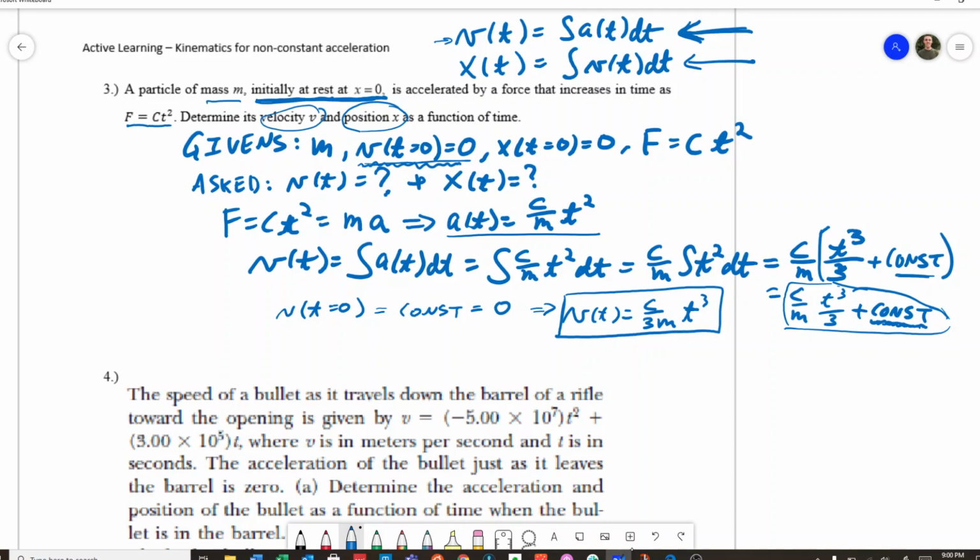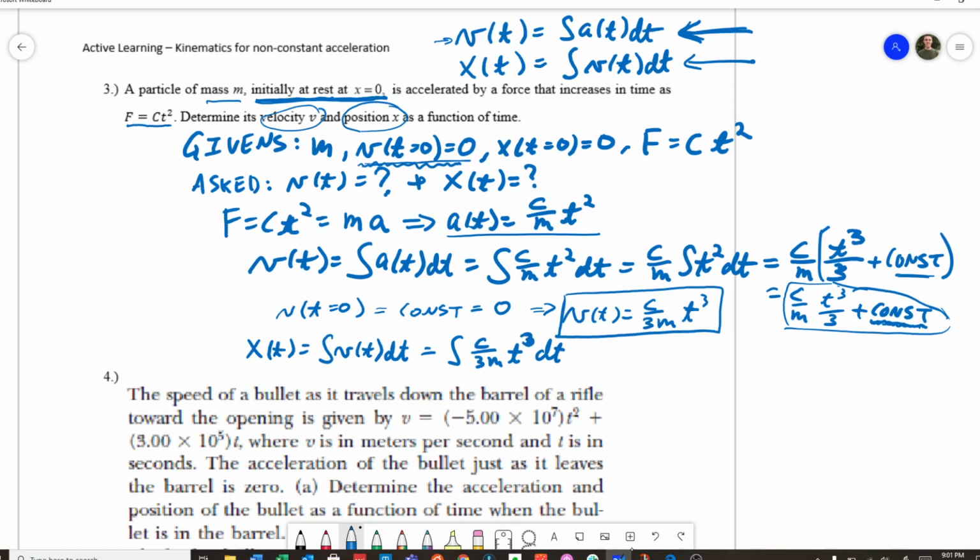Okay, so that was the velocity. Next, we're supposed to find the position as a function of time as well. So we basically repeat the same procedure, because position is the integral of velocity over time. So I could take the integral of c over 3m t to the third dt.